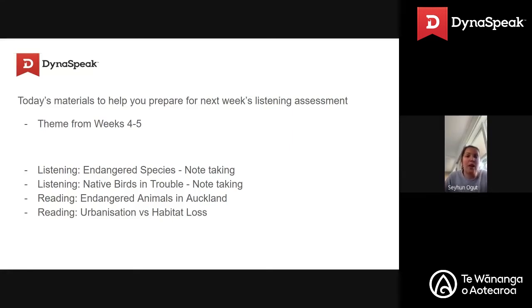The first one is about endangered animals in Auckland, and the second one is about how we humans, our houses or our life, affect their habitat, because Auckland or New Zealand used to belong to animals, but then human settlement came and we took their spaces, and that's actually the main reason why they are endangered. That's another good read about the topic.